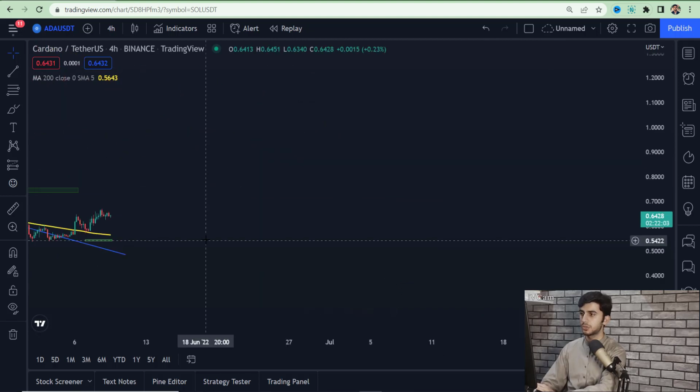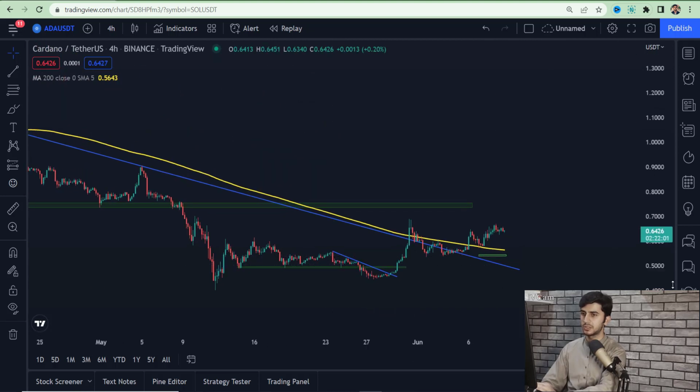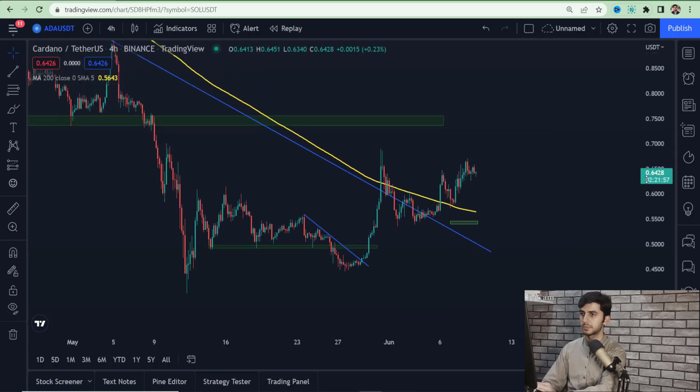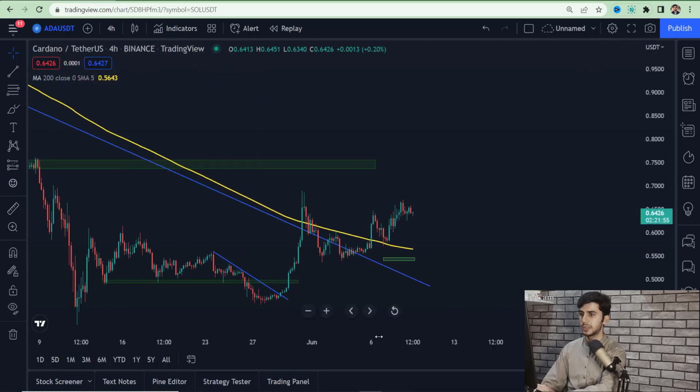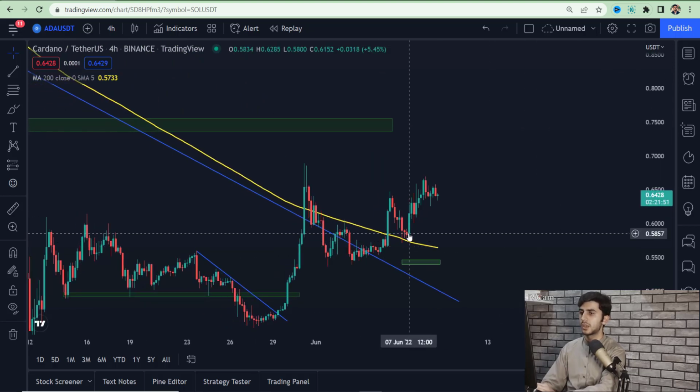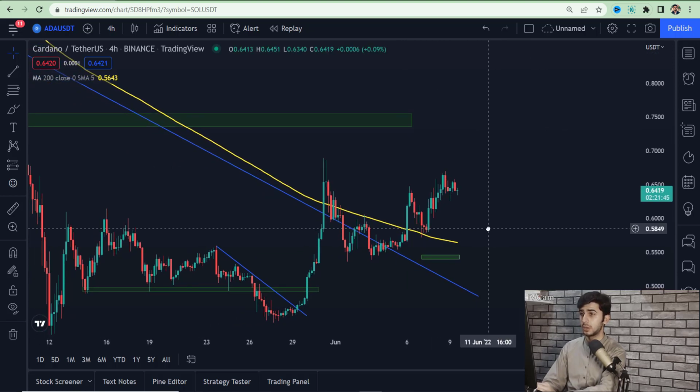So right now what you can see is that Cardano did a retest right at this place, at this 200 moving average, which was a very golden opportunity to load up your Cardano coins.